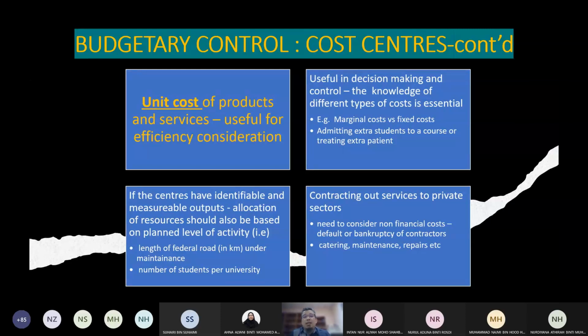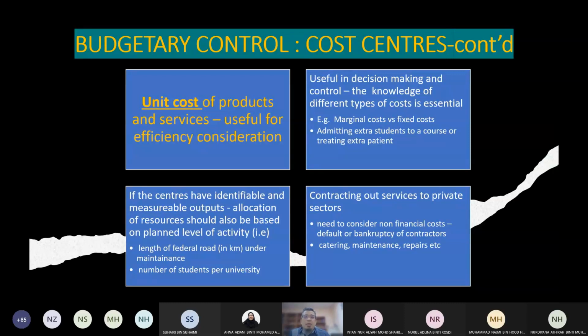I think basically there was an attempt, when they wanted to develop the level of allocation for government agencies, that they looked at the level of activity. The second example, number of students per university, if I'm not mistaken, also became a parameter for deciding the budget they provide for universities.